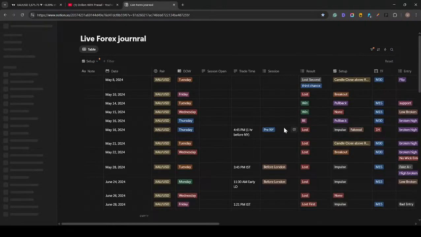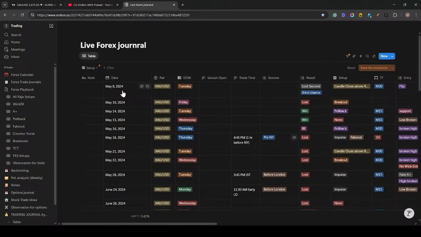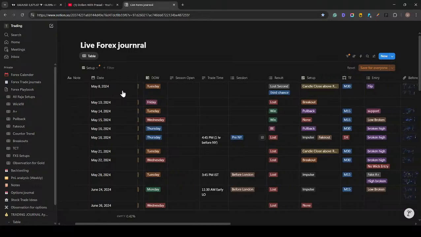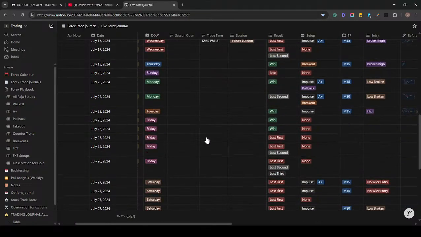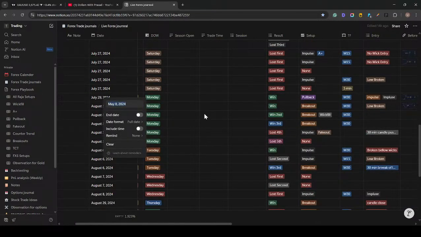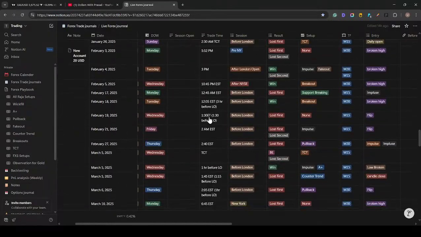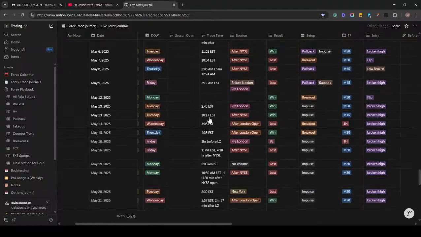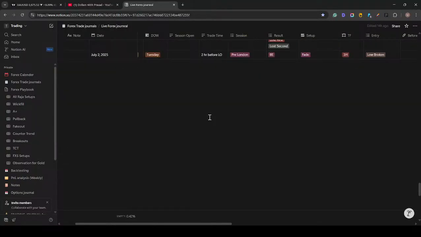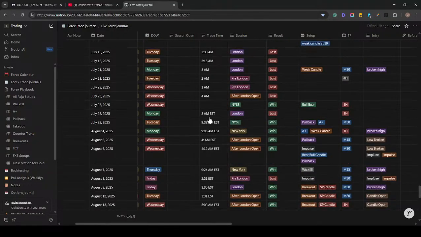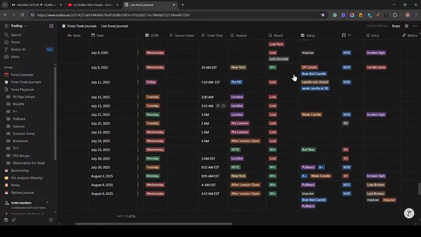I'll show you my journal. I started journaling back in 2024. I took all these trades, you can see. This is my journal. I have taken all the trades. I have my data. You can see the losses, man.